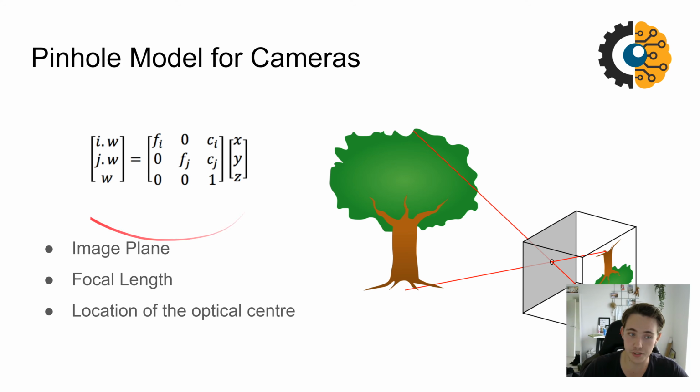We can set up a matrix where I and J are the coordinate system for the camera, the pinhole model. Then we have the focal length of the camera, which are specifications I'll go through in the next slide, and we also have the location of the optical center here.